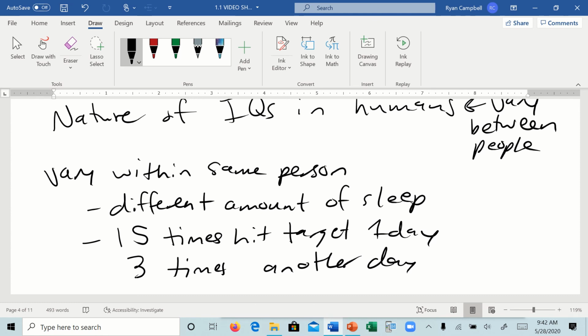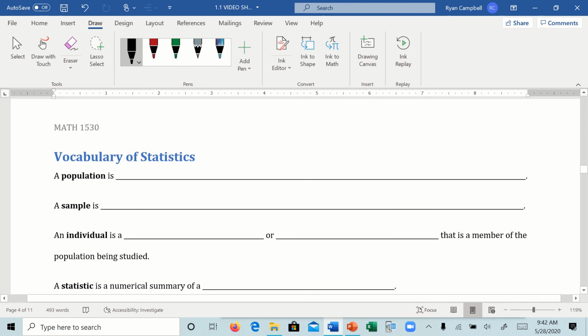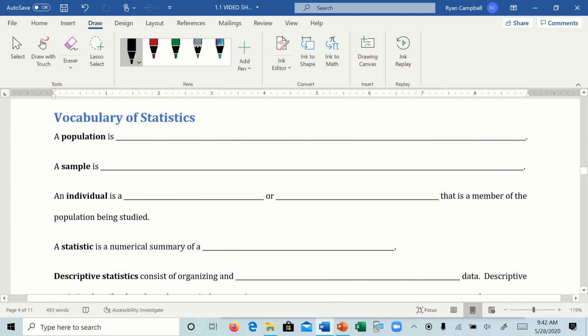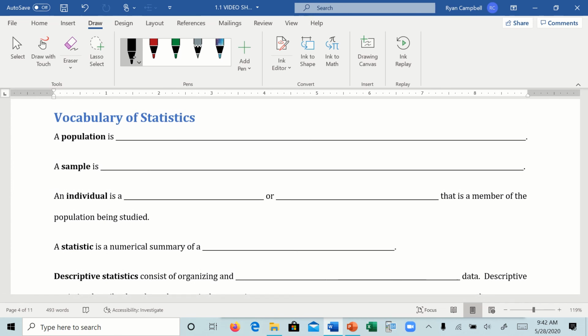Good. All right, so here's the big vocabulary section. Again, I apologize, it's going to be super boring. We'll get through it, it'll be great. So population is the entire group to be studied. So this is everybody. And this is going to be a very important thing to know throughout the semester.